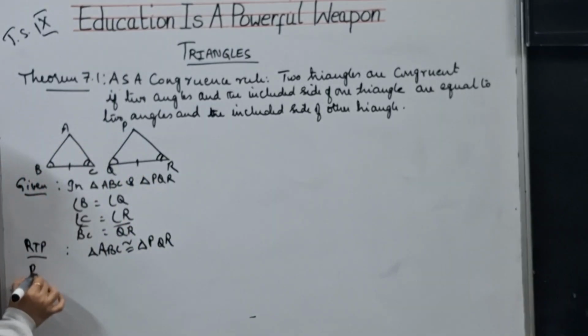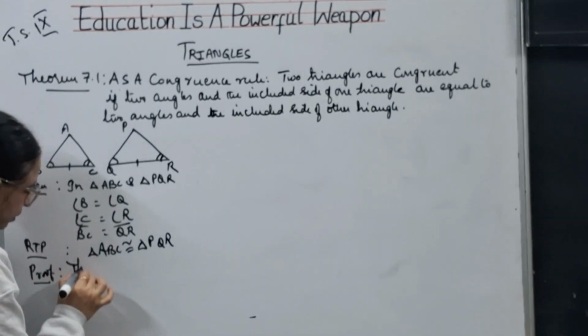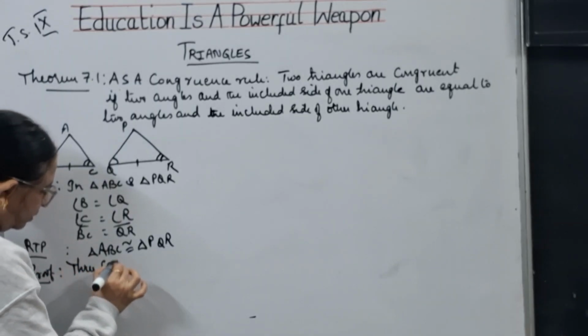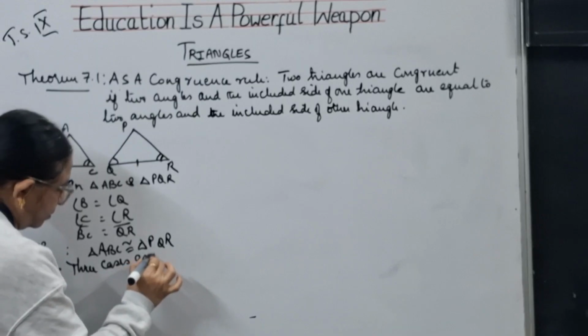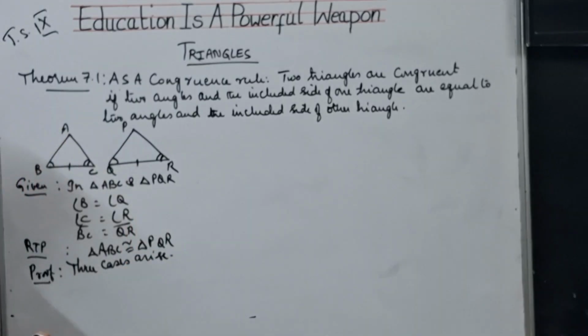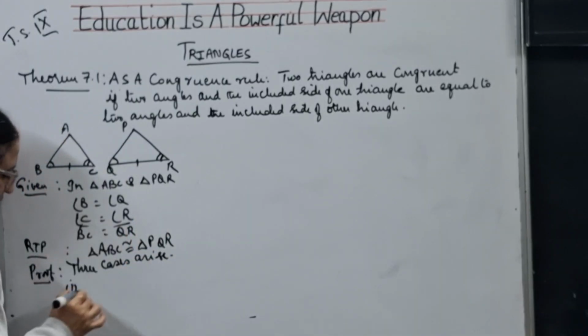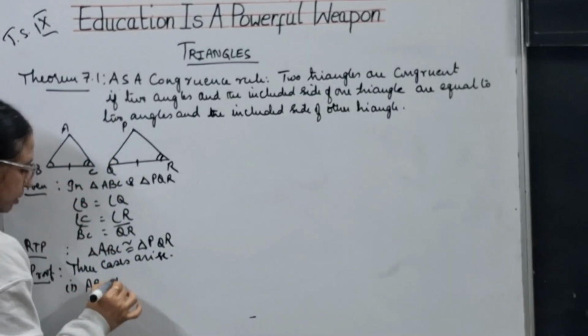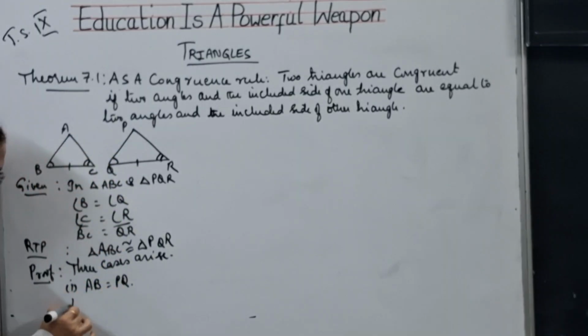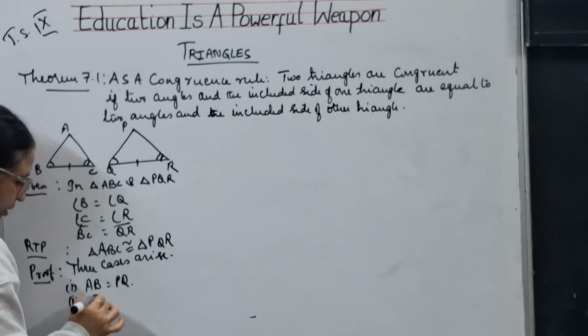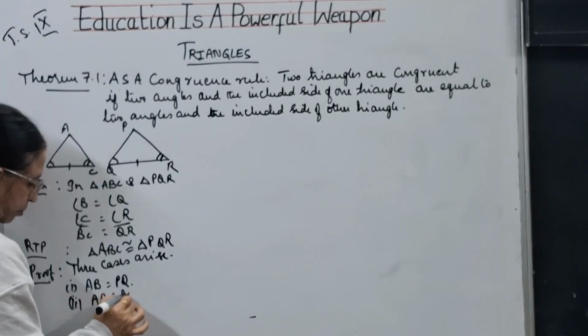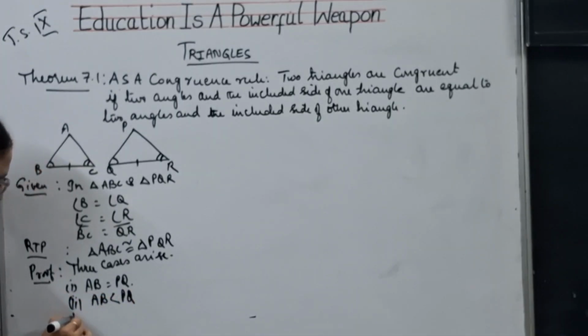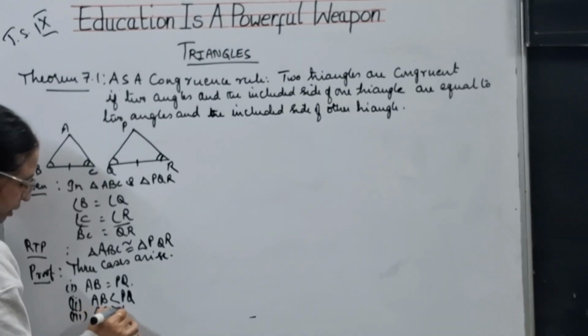Now when you take the proof, three cases arise. What are they? The first one is AB is equal to PQ, the second one is AB is less than PQ, and the third one is AB is greater than PQ.